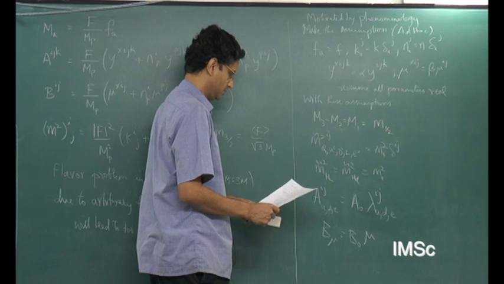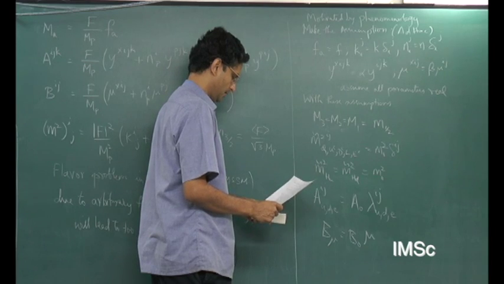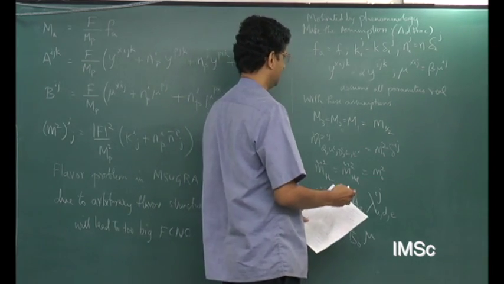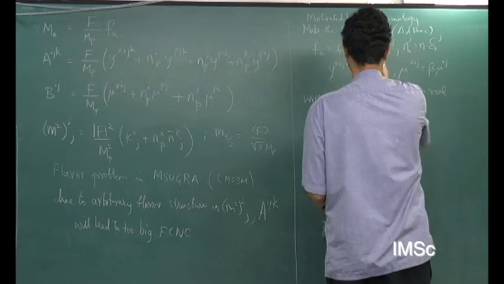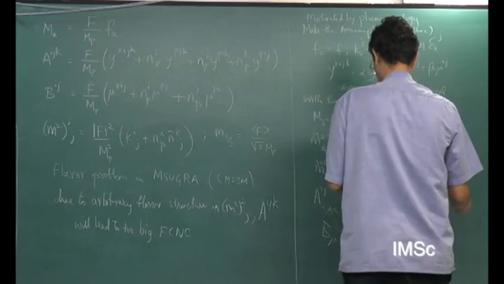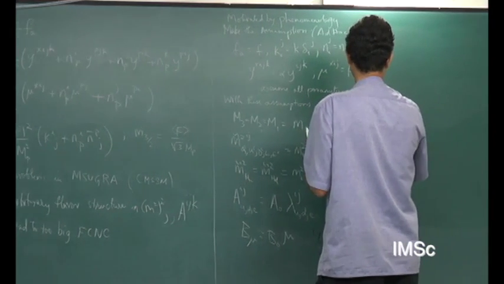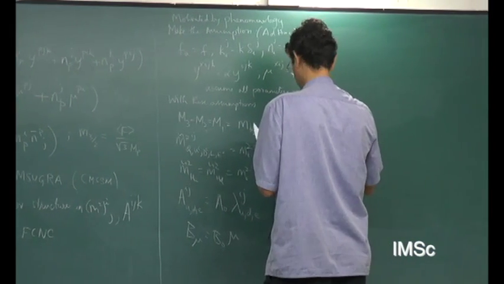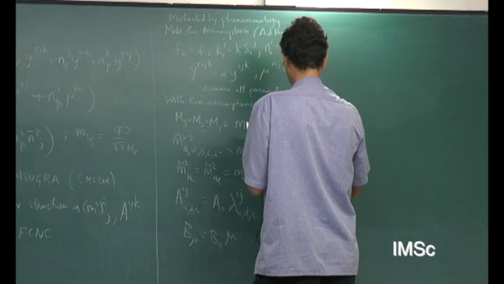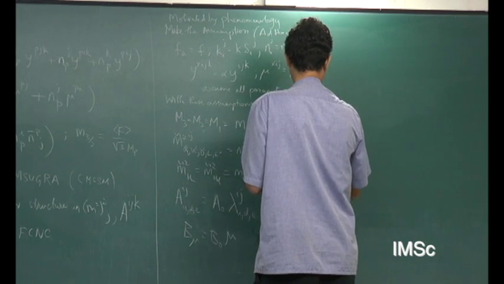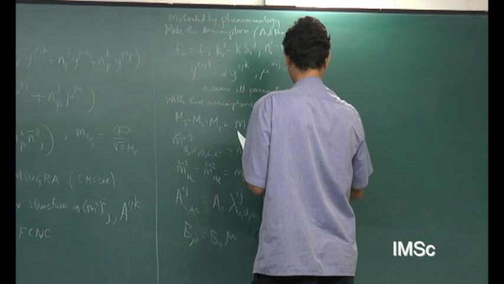So again, the B mu term is related to mu. This is what this is saying. And you can write down what these things are in terms of these quantities, F's. So m1/2 is F over M Planck, m0 squared is F over M Planck. Oh, sorry, K plus n squared.